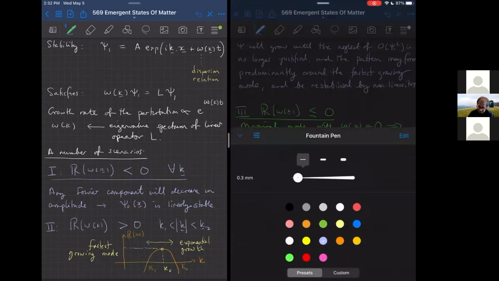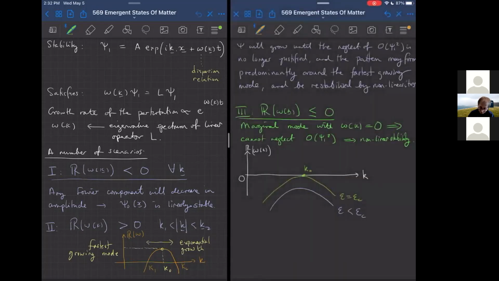And then lastly, we'd have the one that I showed you before, where now you have something like this. This would be k2, this would be k1, and this would be epsilon greater than this control parameter. And so that's what we would expect.